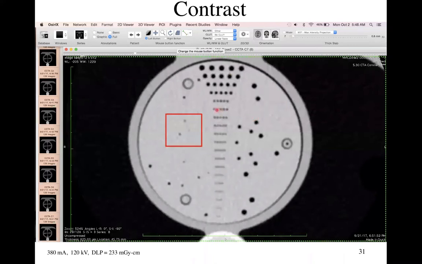Here's an example on a CT scan. Remember this phantom where we were looking at the spatial resolution using the line pairs. Here we're just going to look at the contrast between a target, which itself is a hole in the phantom, and the background of that hole, which is plastic and has a different attenuation value than air, which is what's inside the hole.